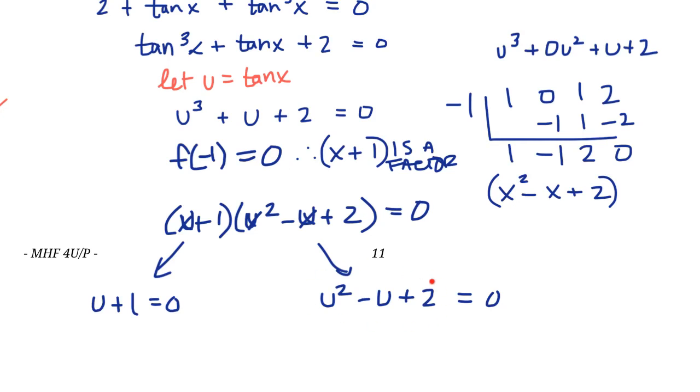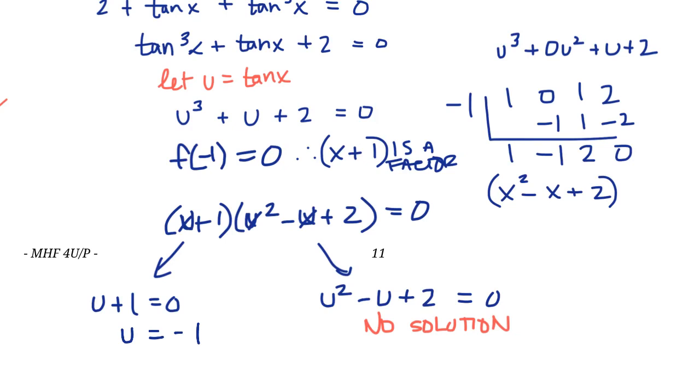But for this one here, if we just take a very quick look at the discriminant, b squared, which is -1 squared, minus 4ac, the discriminant's going to be negative. So that tells us right away that this is going to have no solution. So it doesn't matter, we don't even need to plug in the tan there because there's no value of u here that's going to make this true. So no solution. But over here, we can find a solution, and it's going to be where u equals -1.